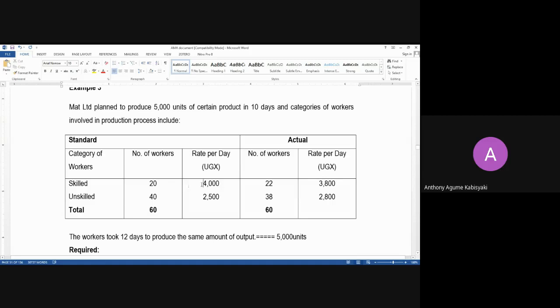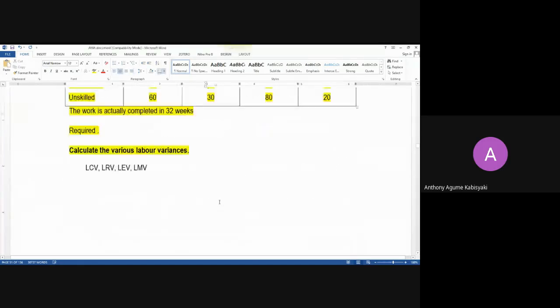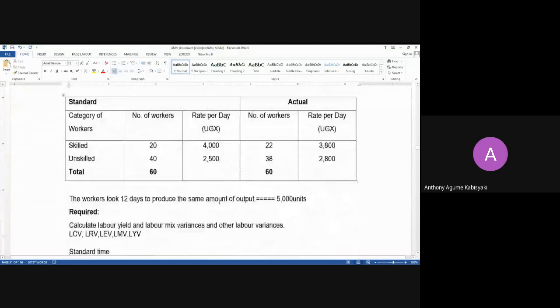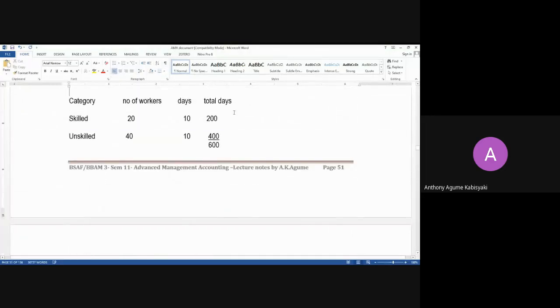So I'll be getting this rate, 4,000 multiplied by the time. What was the time? So I'll get 4,000 times 200.